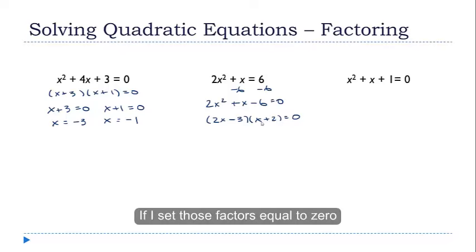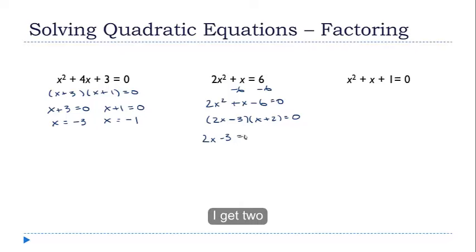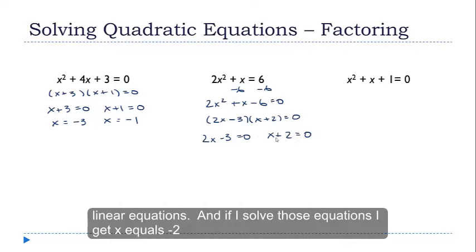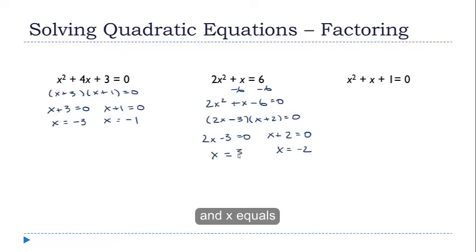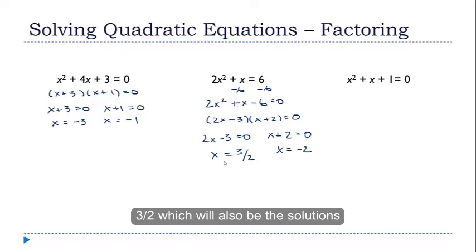And if I set those factors equal to 0, I get two linear equations. And if I solve those equations, I get x equals negative 2 and x equals 3/2, which will also be the solutions of the original equation.